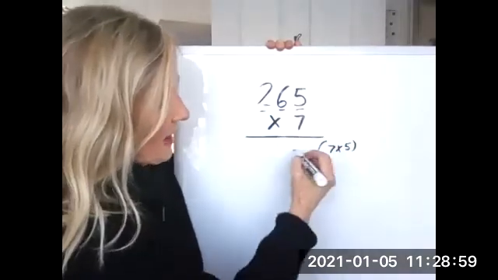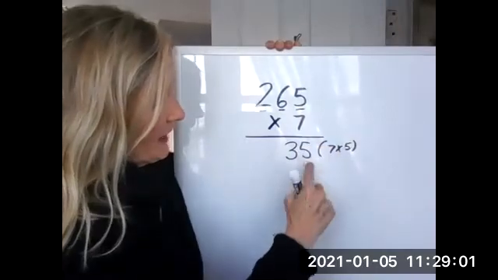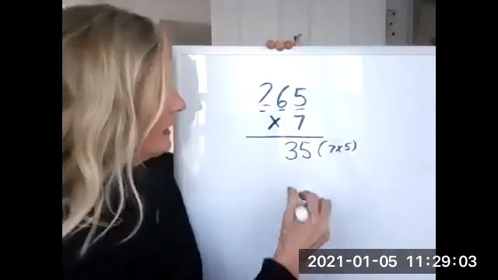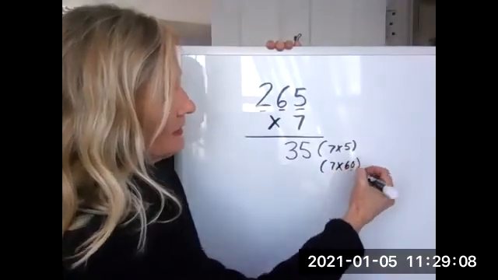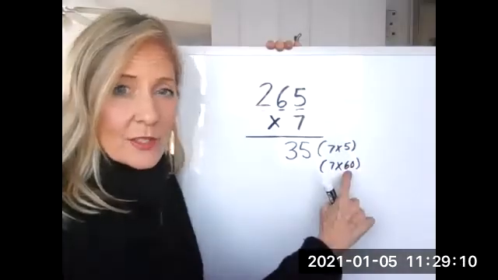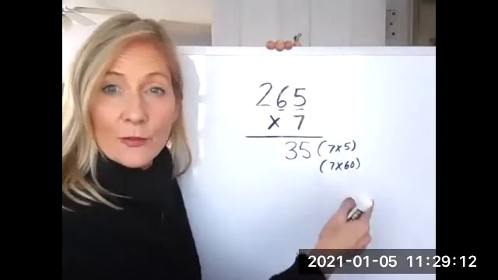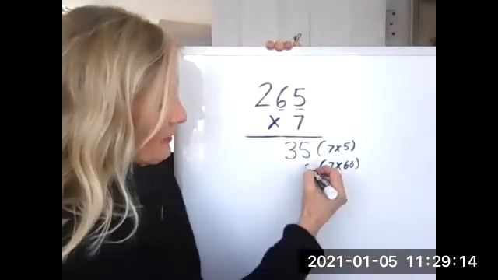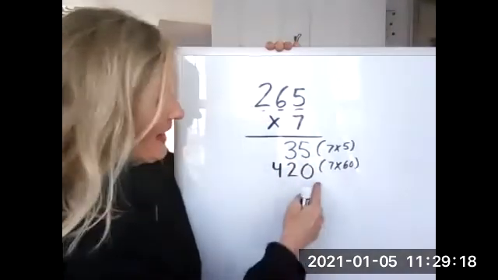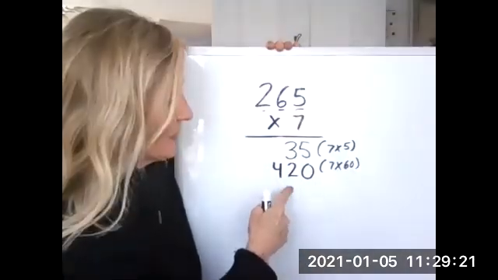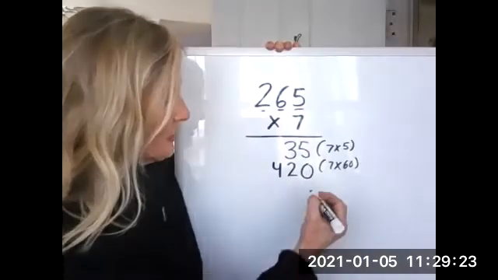So 7 times 5 is plain old 35, thinking about keeping my columns lined up. 7 times 60: well, I know 7 times 6 is 42, so 7 times 60 is going to be 42 with that extra 0. That might be a little tricky, but it helps me keep my numbers lined up, and it's 420.